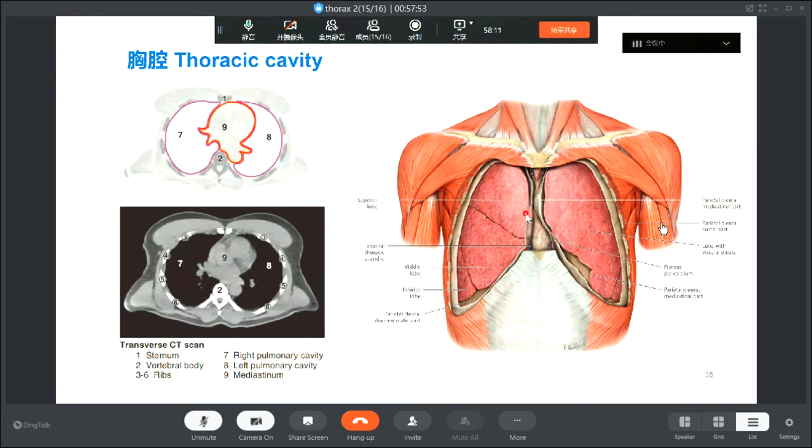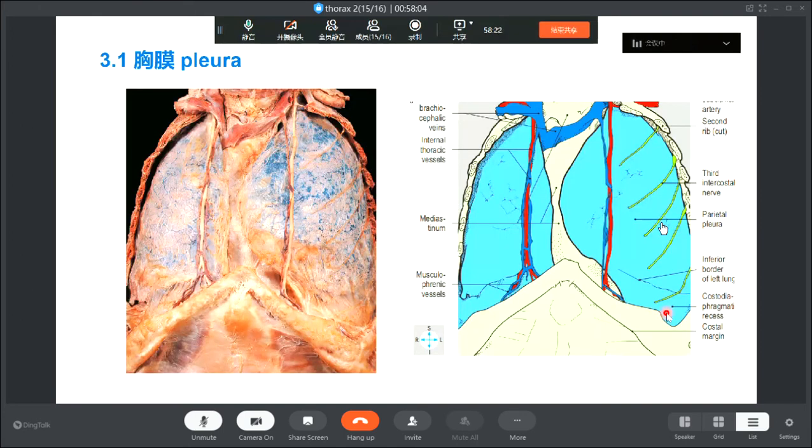This central part is the heart, covered by the fibrous membrane.